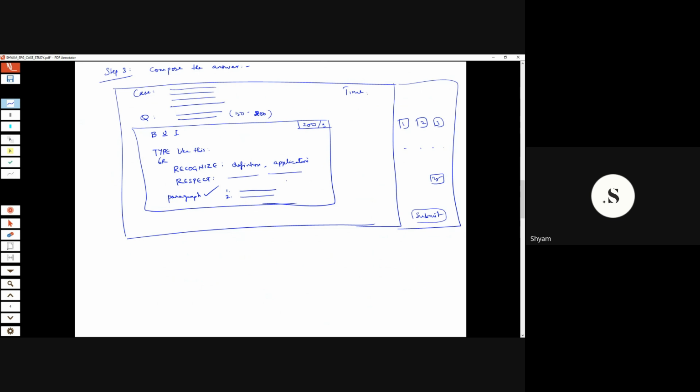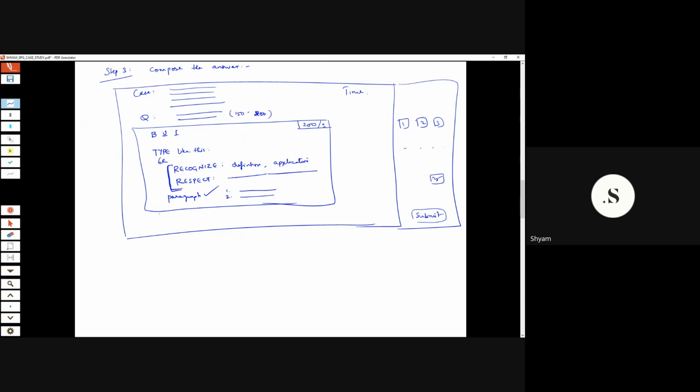There might be some questions asking you to give your own examples that had occurred in your school, college, internship, or workplace. There you can use numbering to highlight that example. So it's preferred that you use uppercase to highlight keywords and lowercase to write the rest of the answer. And make sure that you stick to the word limit.